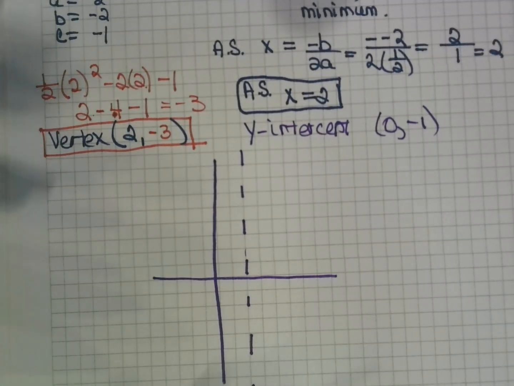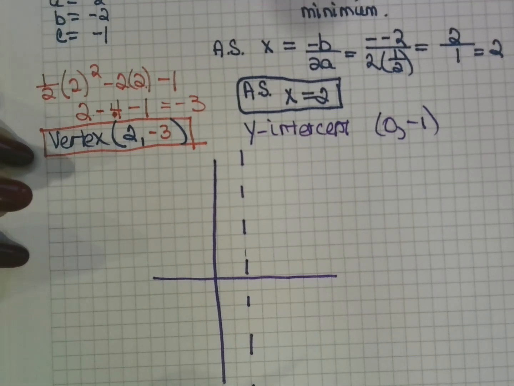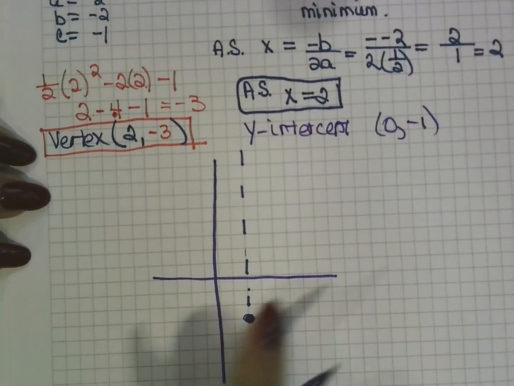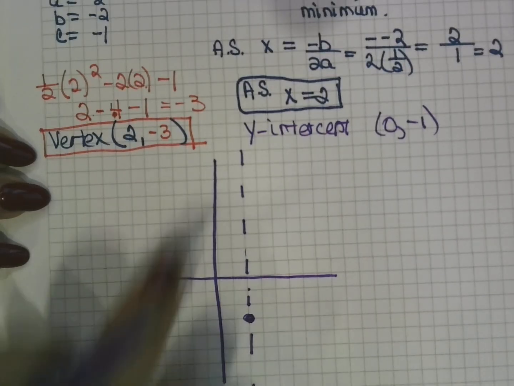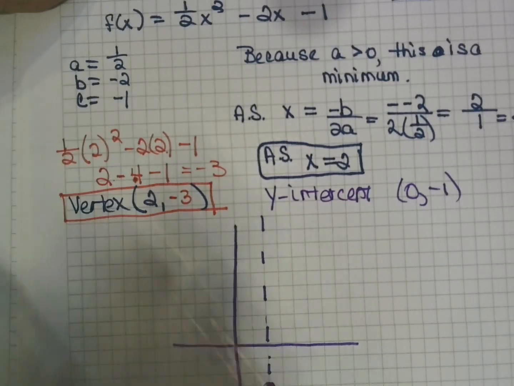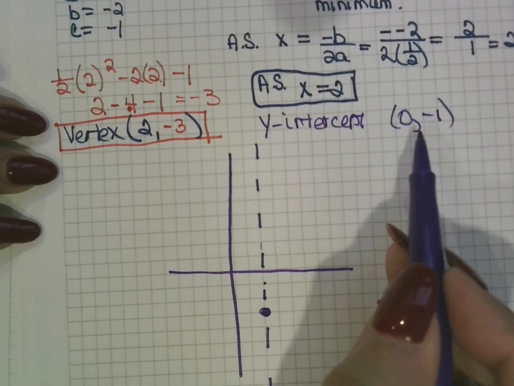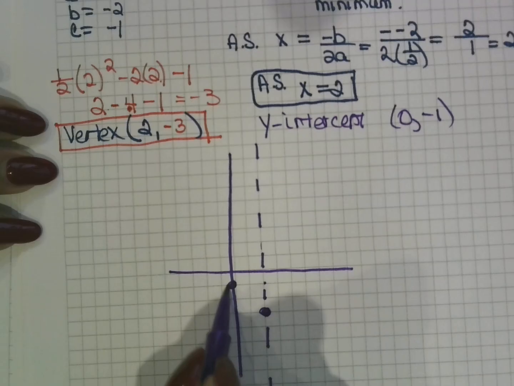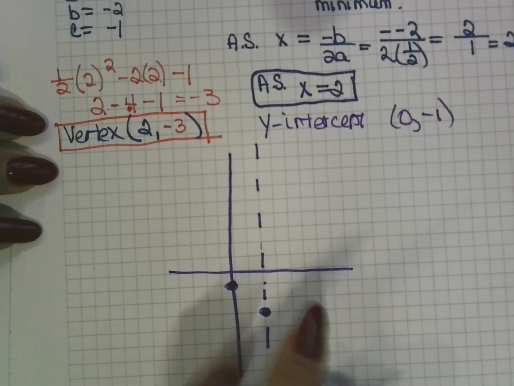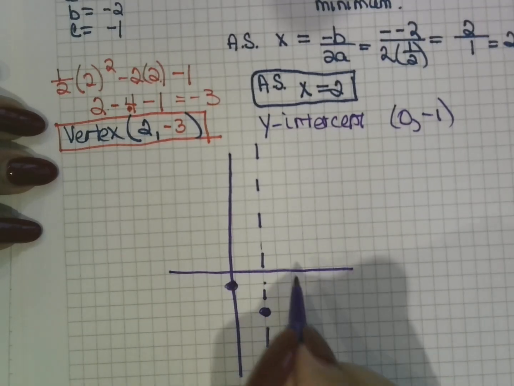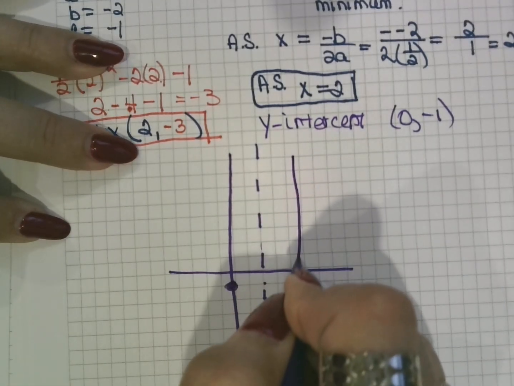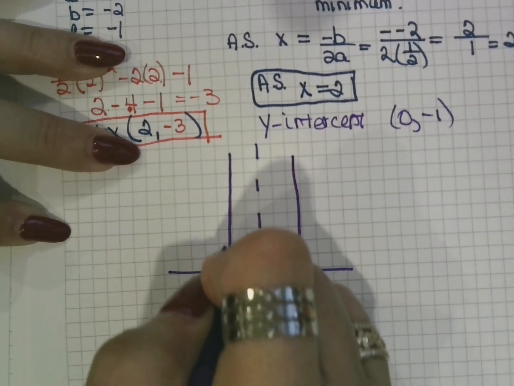Sometimes you'll see it as a solid. I like to do it as a dotted line. We have the vertex at 2, negative 3. We know this is opening up because my a value is positive. And I also know that there's a y-intercept at 0, negative 1. Because of the symmetry of this function, I can just reflect that point and see that there's got to be another one right there. And basically you're done.